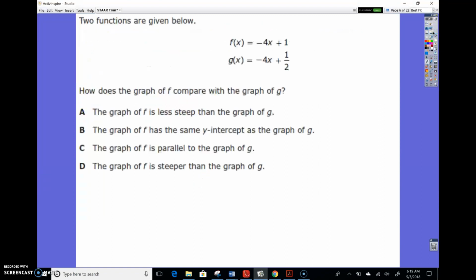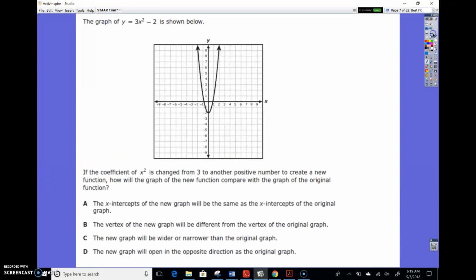Why don't you try this one on your own? The graph of 3x squared minus 2 is shown below. If the coefficient of x squared is changed from 3 to another positive number to create a new function, how will the graph of the new function compare?